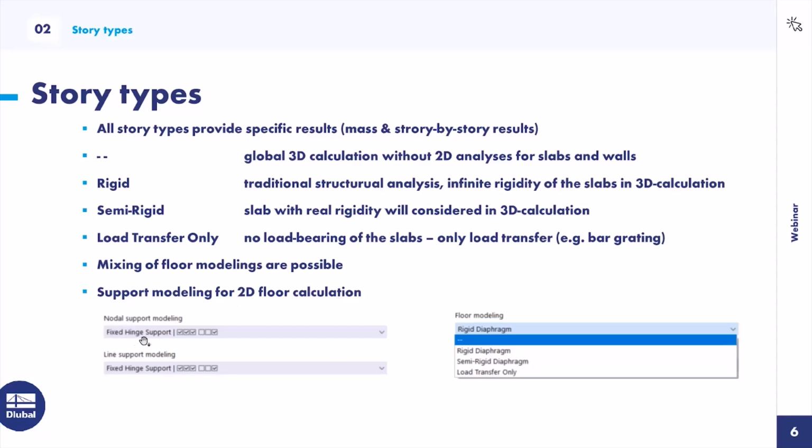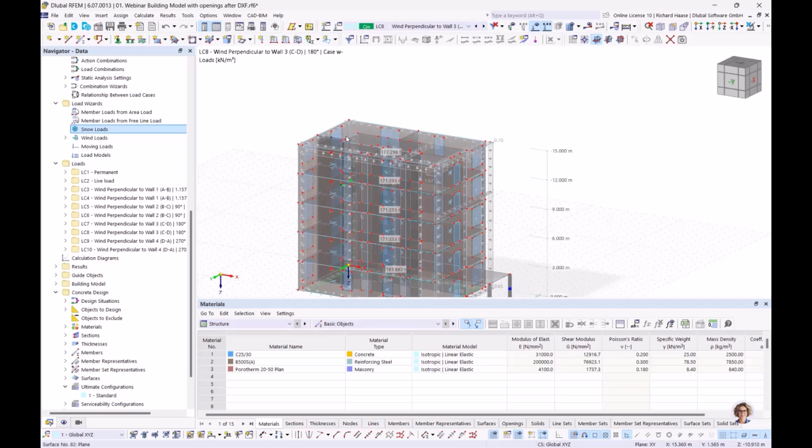Here the slabs are hinged, let's say, from the walls, and the type of the hinging you can define here, but I will show you in RFEM directly.